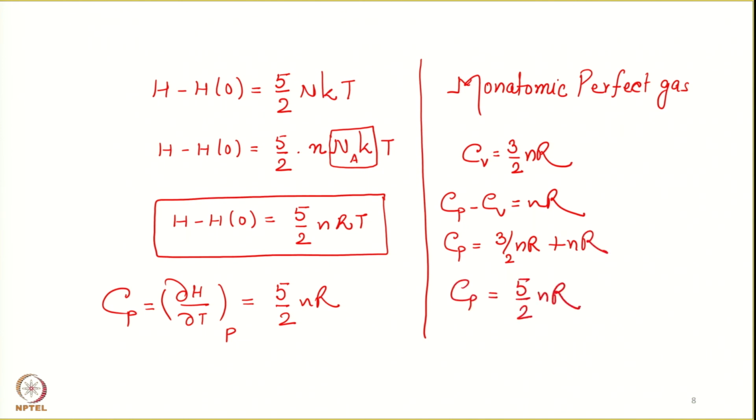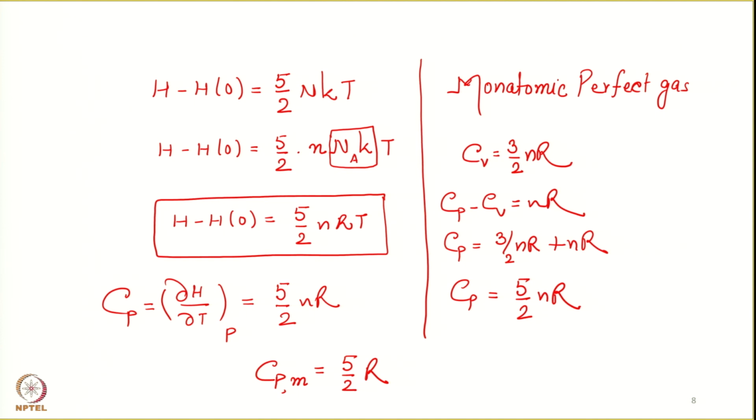Same result. Always remember how to interpret different notations. For example, if I consume n here, then I will write Cpm is equal to 5 by 2 R. I have divided both sides by n, so that I now express this thermodynamic quantity, heat capacity, in terms of molar quantities, because you don't need to worry about the size of the system if you express in terms of molar quantities.